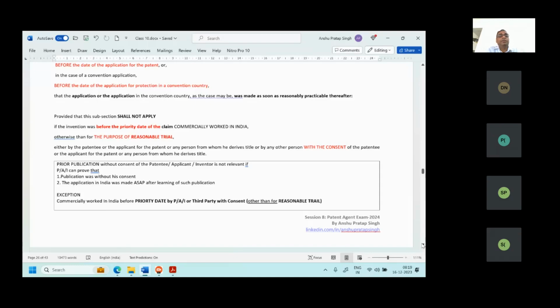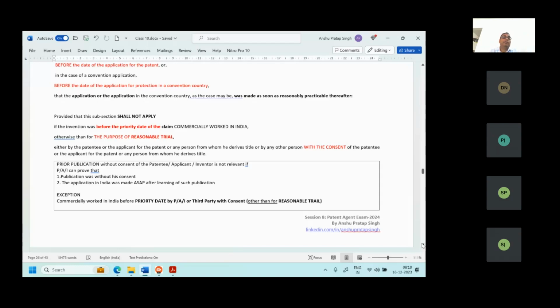If I prove that, then we will consider it not relevant, but you have to prove two things: that the publication was without your consent, and that you filed the application as soon as reasonably practicable, ASAP. The moment you learned that this publication was done without your consent, you immediately filed the application in India. Then yes, that prior publication without your consent will not be considered relevant.